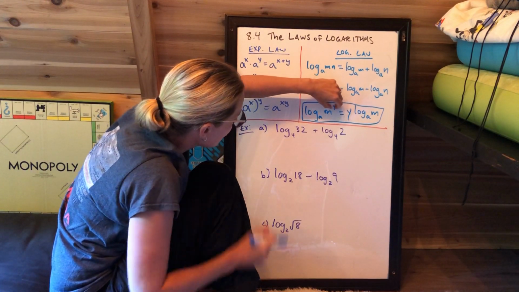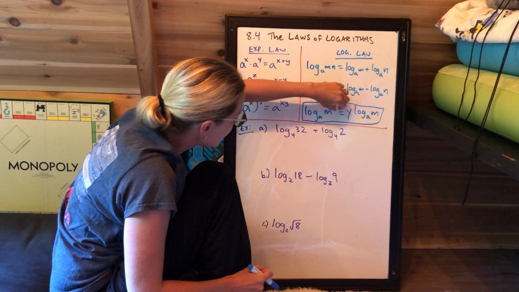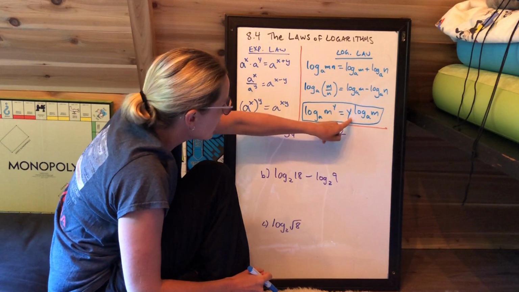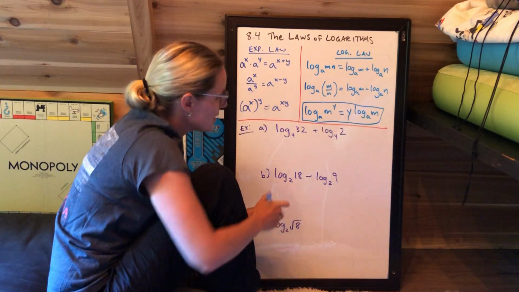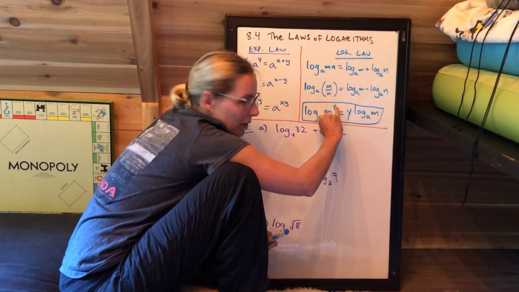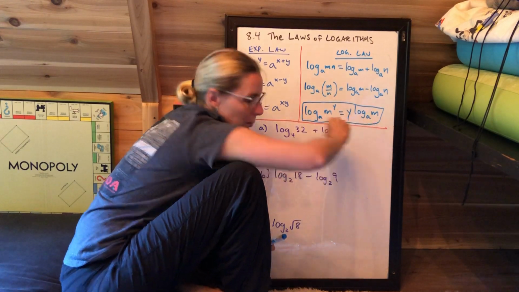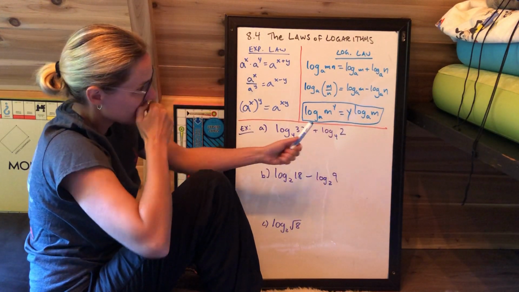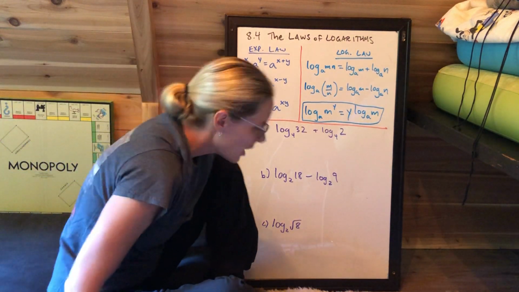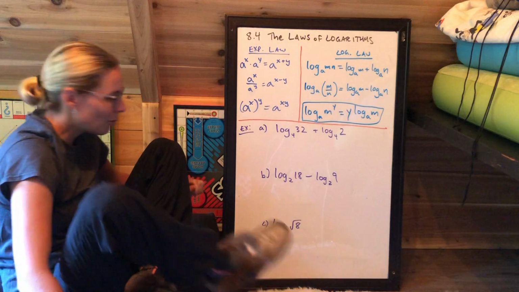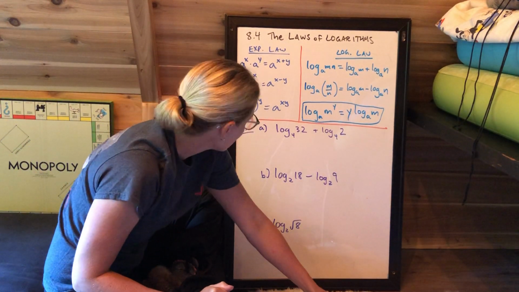If you can write whatever this value is in terms of an exponent, you can pull the exponent out front, and you're still left with the logarithm of m base a. Basically this y is being pulled out front and multiplied by the logarithm now. It's a sneaky little law that you don't always see to use, but it makes your life quite a bit easier when you can use it. Okay, I seem overly excited about this.